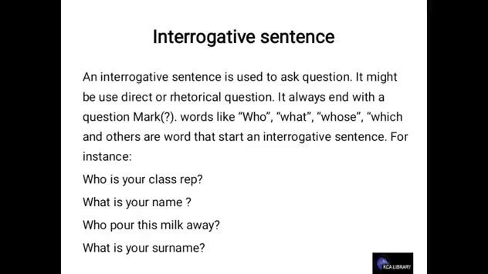For example, we have: Who is your class rep? What is your name? Who poured this milk away? What is your surname? As we can see, there are question marks at the end of these sentences, which indicates that it is asking a question. So interrogative sentences are the types of sentences that ask questions.